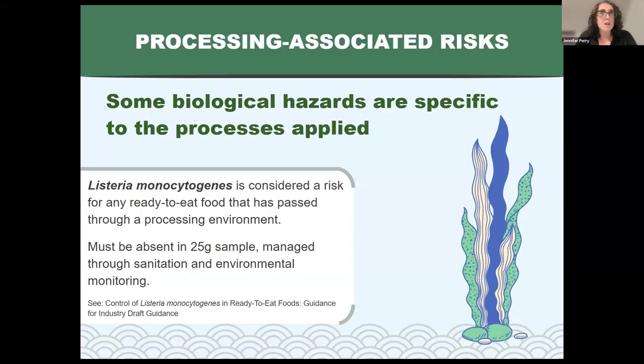But this is something that more or less is considered to be a potential hazard for anything that is passing through a processing environment, just because this pathogen commonly finds niches in processing environments that are potentially not cleaned and sanitized well. It can establish there and contaminate a pretty broad range of products.